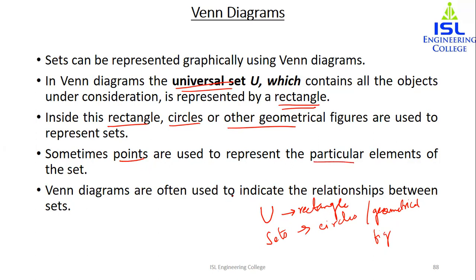And what are Venn diagrams? Venn diagrams are used to indicate relationships. We will study relationships of sets in the next topic. For now, you just have to remember that Venn diagrams are usually used to indicate relationships. Now the next thing: we will see one Venn diagram now.